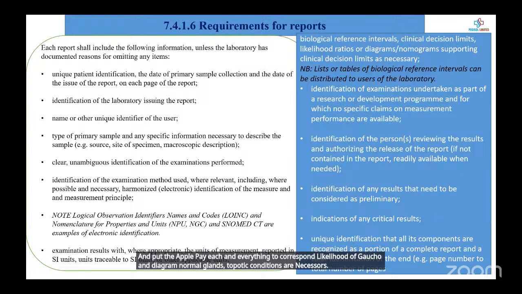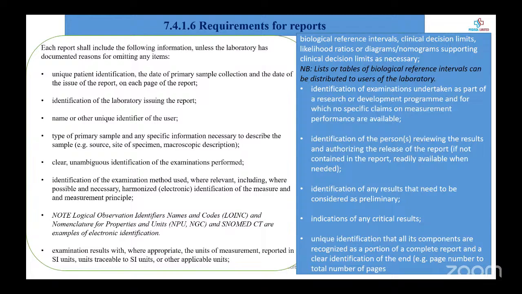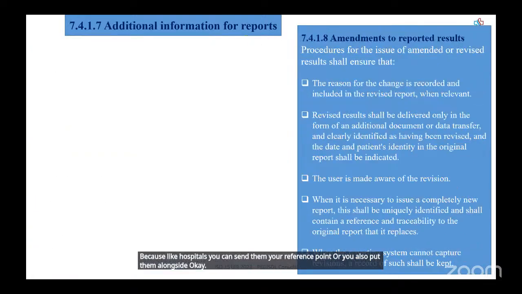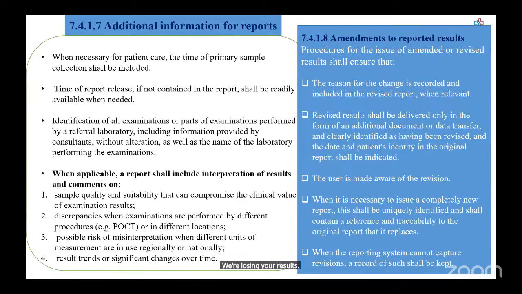We said a list or table of all biological references can be distributed to the users of the lab. People like hospitals, you can send them your reference range, or you also put it alongside when you are releasing your results. So this is also applicable to POCT, just as I was saying.